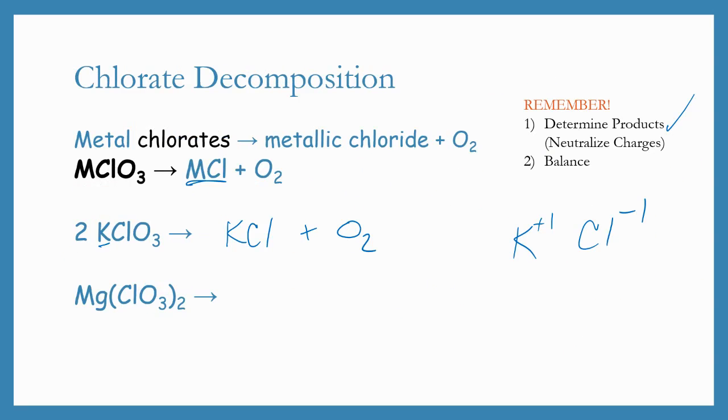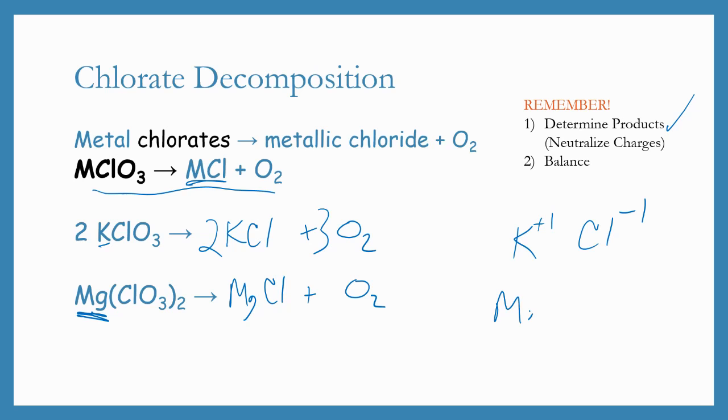Chlorine is -1, potassium's +1, so 1-to-1 is fine. The fact that we have 2 of these, so we need 2 of those, and that gives us 3 O2s. Oxygen is a diatomic, so it's O2. So anytime you have a chlorate, it's going to make O2, and it's going to make the metal with chlorine.